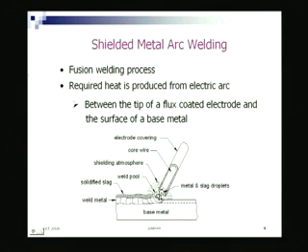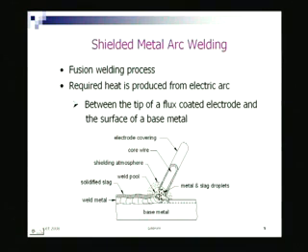And after burning, like the inside core wire melting and forming a molten deposit, the flux is burning and forming a slag. Burnt flux is referred to as slag, right. The slag is forming in molten state, and also because of the burning, part of the flux gets decomposed and forms fumes and gases, right.